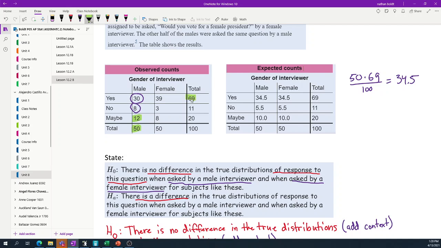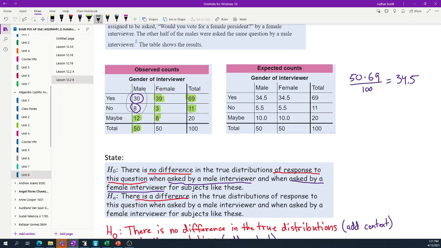Same way, because the total here has to be 69, I can now calculate the 39 just by subtracting. Because this one has a total of 11, I can now calculate the 3, and I can now also calculate the 8, because, well, in two directions, right? Horizontally or vertically for the totals. So really, only two numbers were free to be variables. After that, everything's kind of set in stone. That's why it has 2 degrees of freedom.